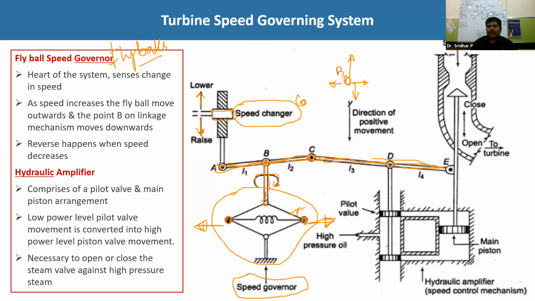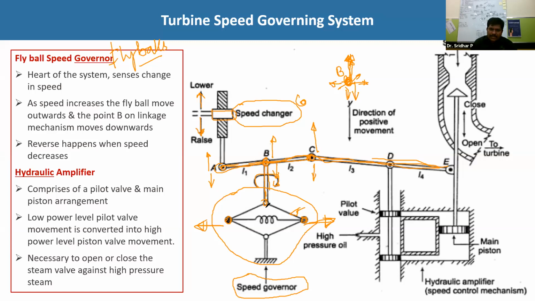Suppose we are taking point B. If point B is pivoted at a particular point, it will only be allowed to move in the upward or downward direction, not left or right or in any other direction. Similarly, if C is pivoted, C moves only in the upward or downward direction. Similarly, point A moves either up or down, no other movement. Similarly, D and E also hold good.